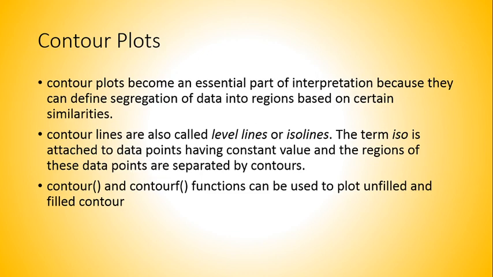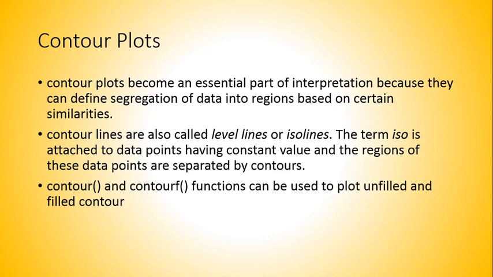The term iso is attached to data points having constant values, and the regions of these data points are separated by contours. For a contour plot, you need three axes, that is x, y, and z, where the z axis defines the height. The data with the same height is clubbed together within iso lines.